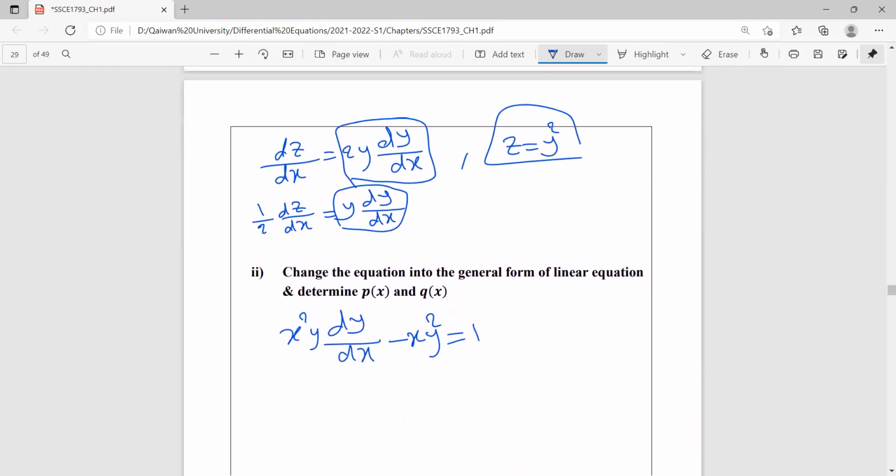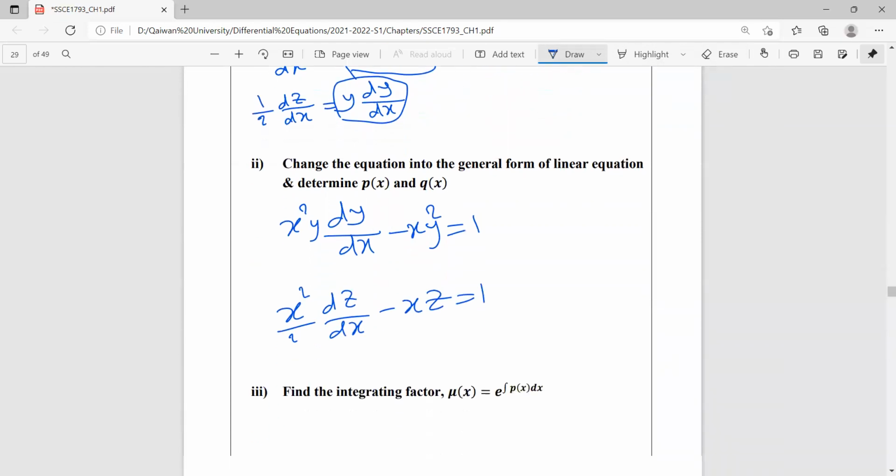We do these substitutions. We replace y squared by z, and we replace this by a half of dz by dx. So what we get is x squared over 2 dz by dx minus xz equals 1.